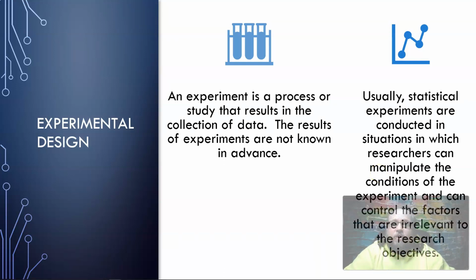Now, we've talked about experiments before, and we've had the basic definition that it is, under controlled conditions, manipulation of variables so that we can collect data to analyze for cause and effect relationships. But part of this is that you have to design that experiment before you actually execute it to gather that data.